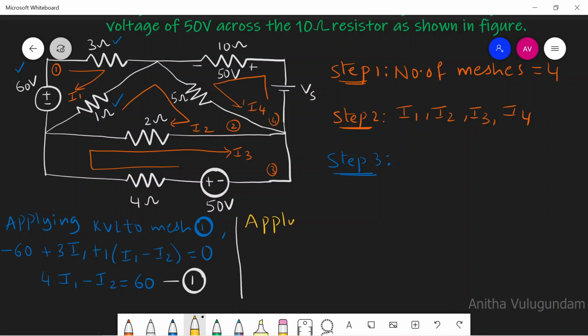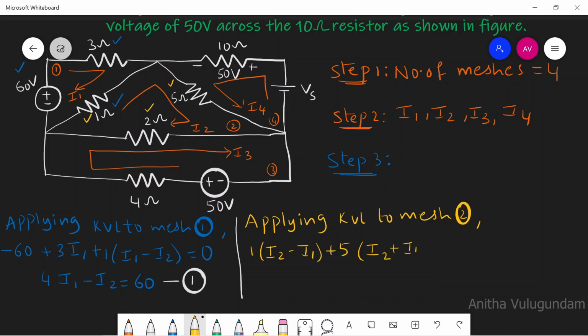Applying KVL to mesh 2. We'll start with writing the 1 ohm resistor voltage drop, then 5 ohm, then 2 ohm. 1 into (I2 minus I1) plus 5 into (I2 plus I4).